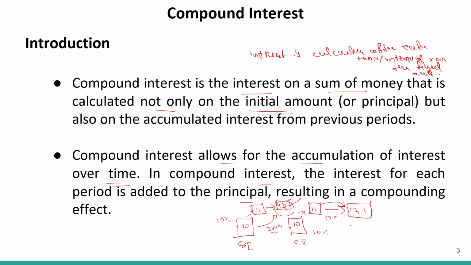You can see clearly that 12.1 is greater than 12, because in compound interest the accumulated amount is taken into consideration, while in simple interest only the initial amount was considered. After the first interval, the final amount is always considered as the initial amount.